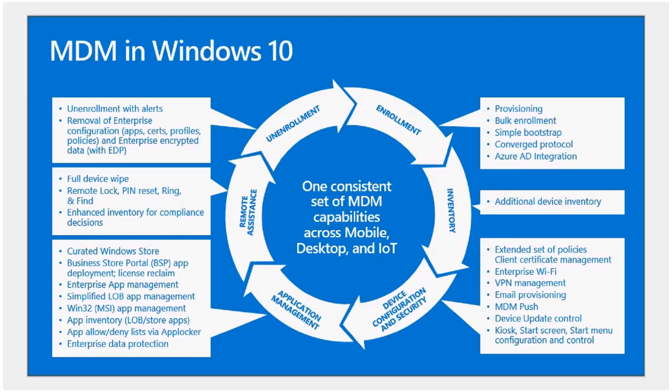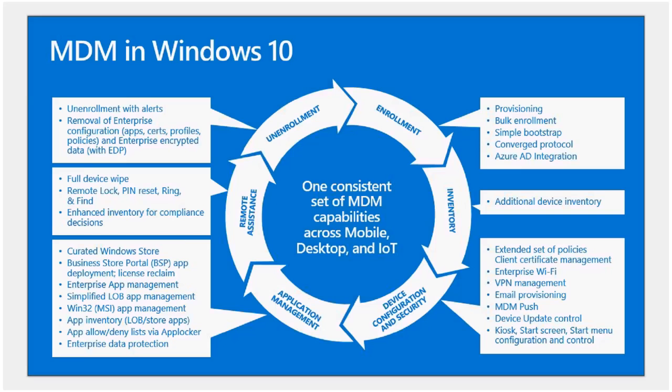For application management, we'll provide a mechanism to allow an organization to use a new capability that we call the business store to acquire applications and application licenses. We'll integrate that via MDM to allow an MDM service to deploy an app that's been acquired through the business store.